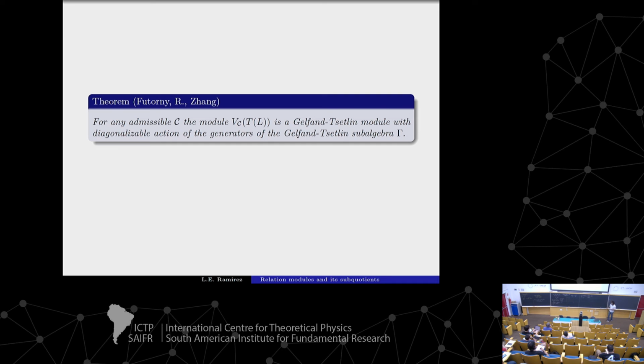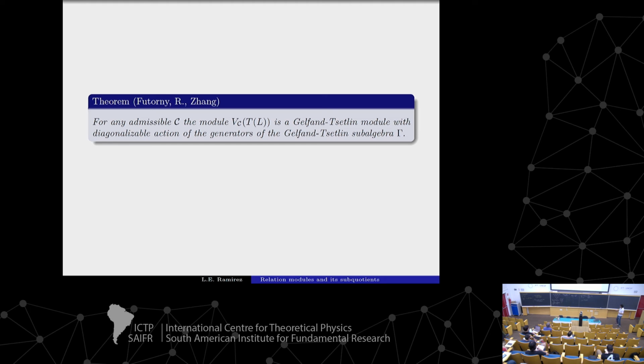And also, what we have is that the dimension of this space is less than or equal to 1. So our models are Gelfand-Tsetlin models. All dimensions are at least 1.